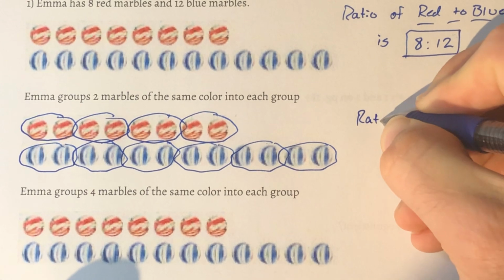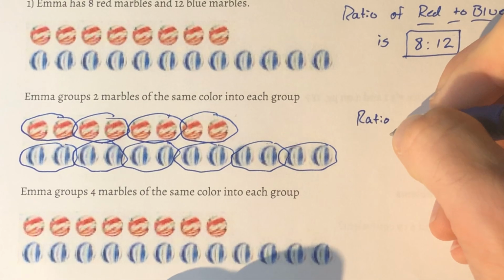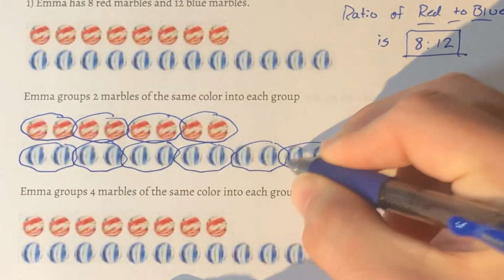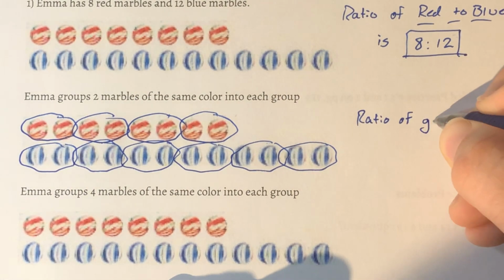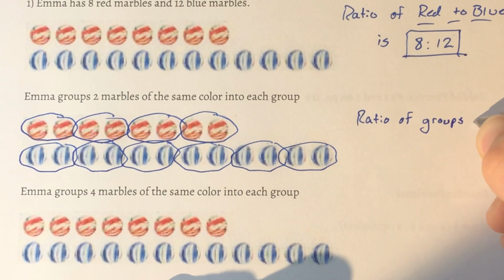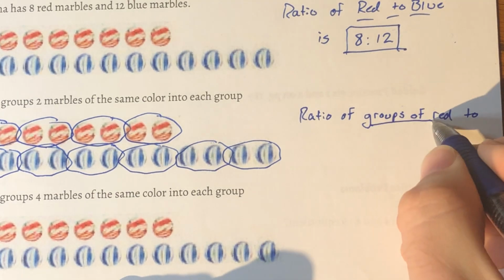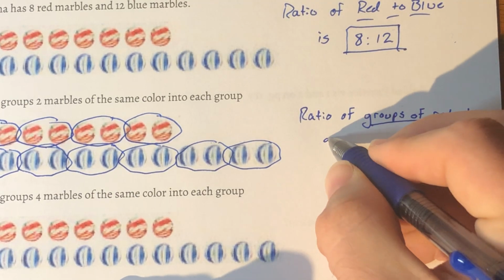So let's find the ratio, not of just red to blue, but ratio of groups of red to groups of blue.